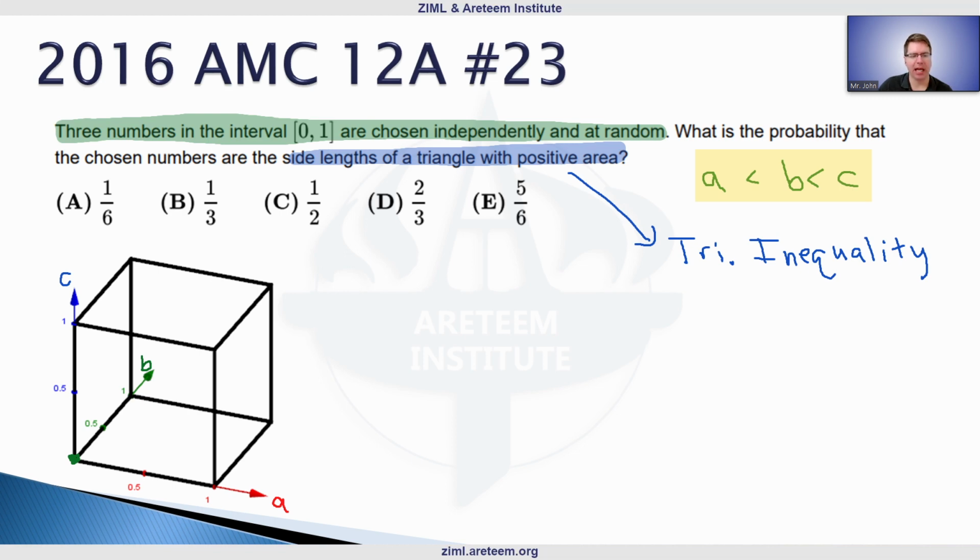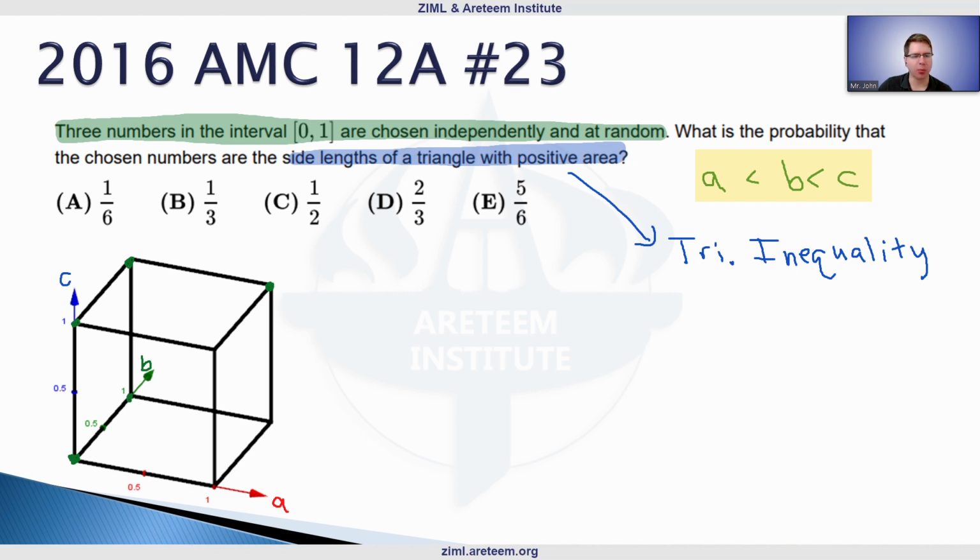Or maybe A is 0, B is 1, C is 1, or C is 0 or C is 1, or all three of them are 1. And of course something like 0, 0, 1 also works.